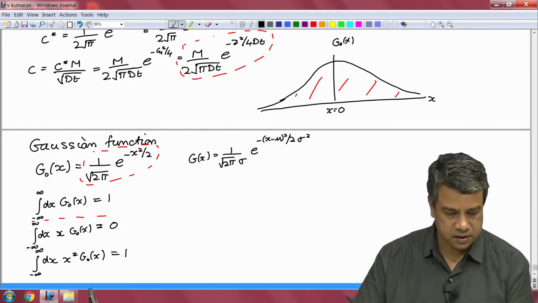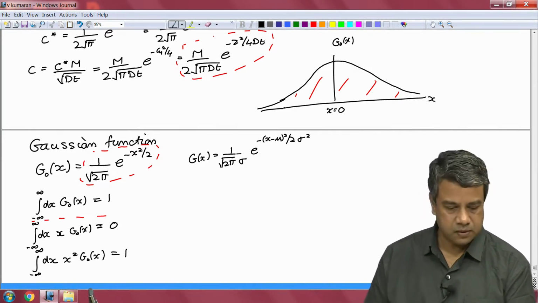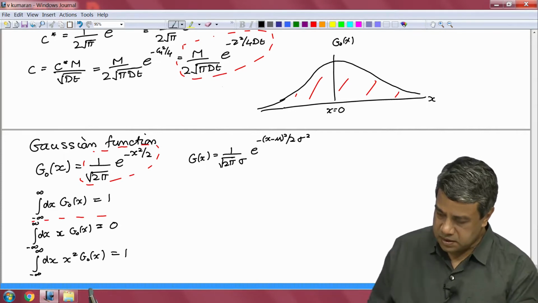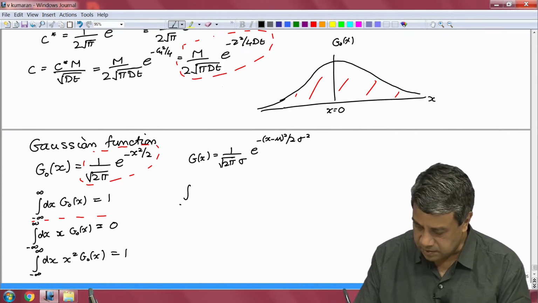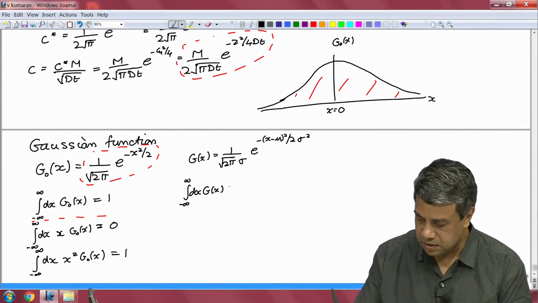That is the general Gaussian distribution. The square root is only on 2 and pi. And this is also normalized, the integral from minus infinity to infinity dx g of x is equal to 1.